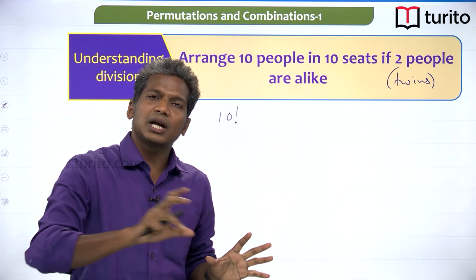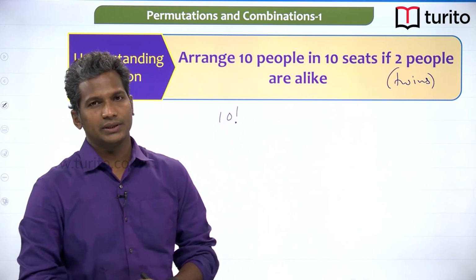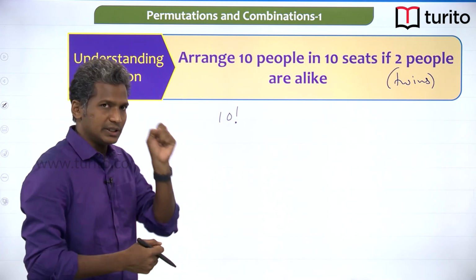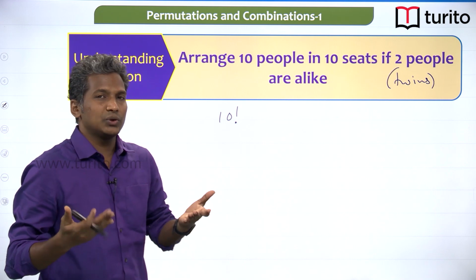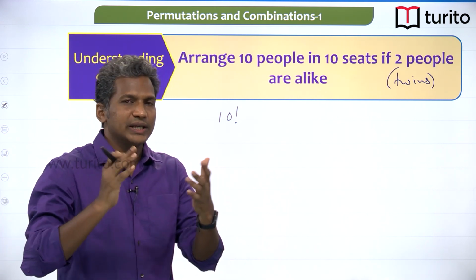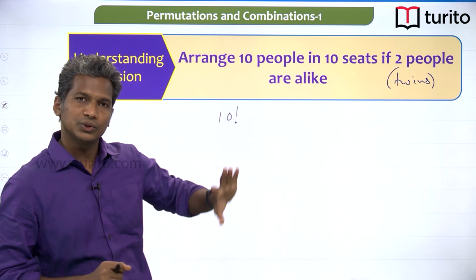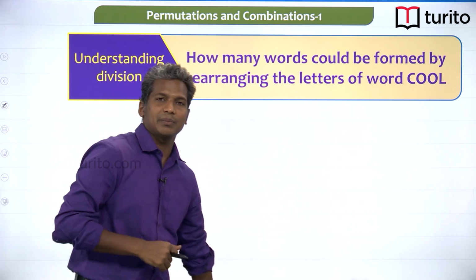So, whichever type of situation you take, 10 factorial is the maximum number of arrangements. Okay. Now, the question is this: if 2 people are alike, they are looking the same to us, so what difference will it make? So, to understand this, let me take you through another example, which is the next example.